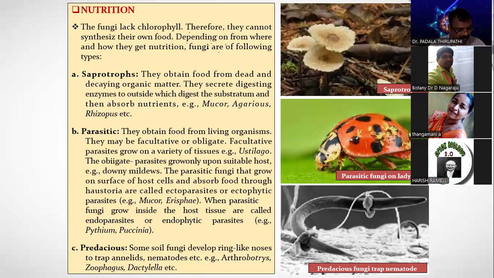That we call an obligate parasite. If there is no host, they can't survive. Facultative parasite means if the host is not present, it can also survive as a saprophyte with the help of a substratum.